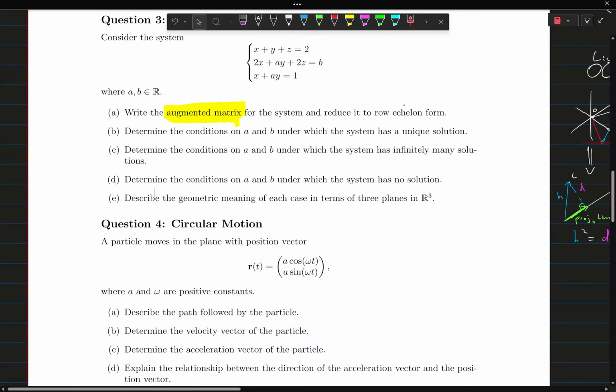So row echelon form, that is 1, 0, 0, 0, 1, 0, 0, 1, and it's equal to A, B, C. I'm just gonna quickly check that that's correct, because these terms are confusing because they are very, very similar.